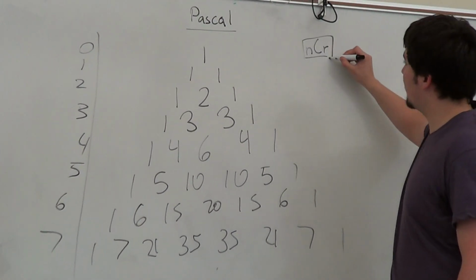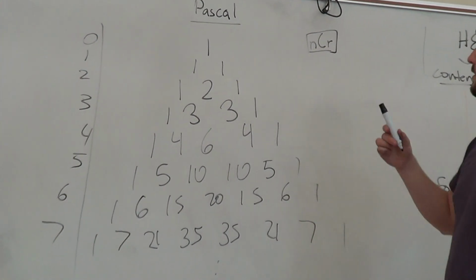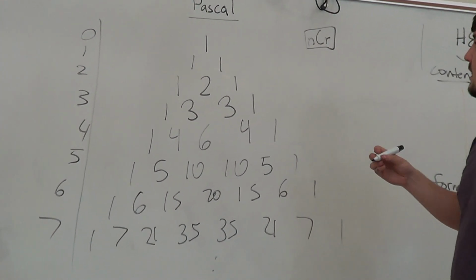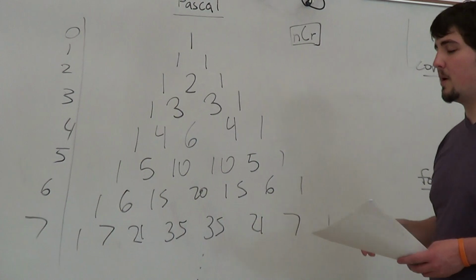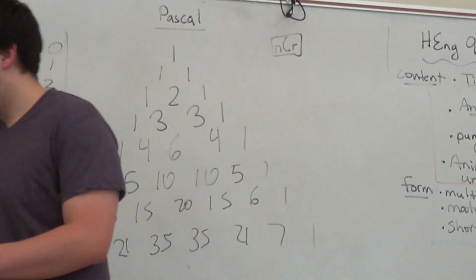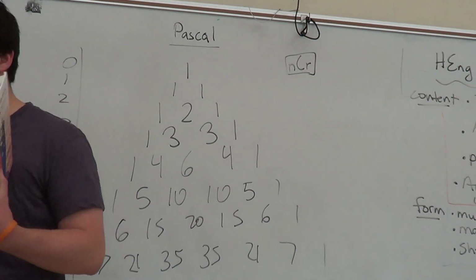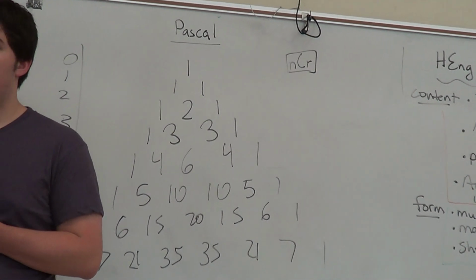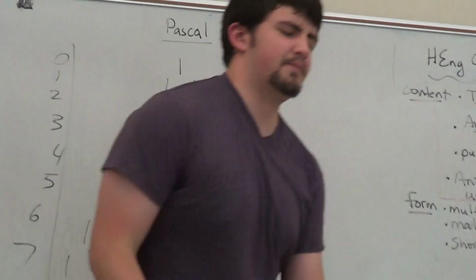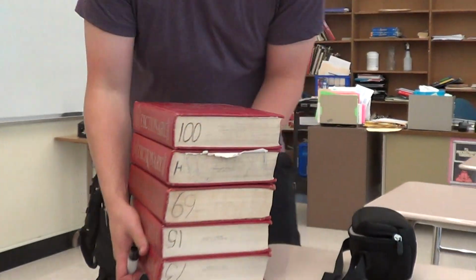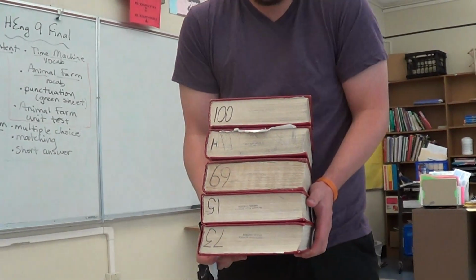Anyway, there's an option in your calculator that says, what's the probability, how many different ways could you arrange these 3 books? There's 3. How many ways can you arrange these 5 books differently? nCr.